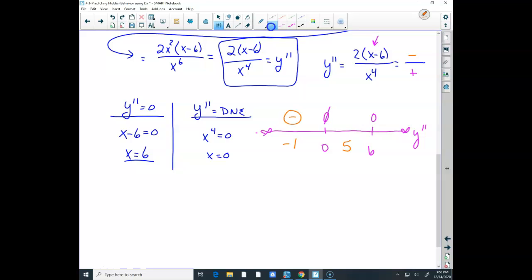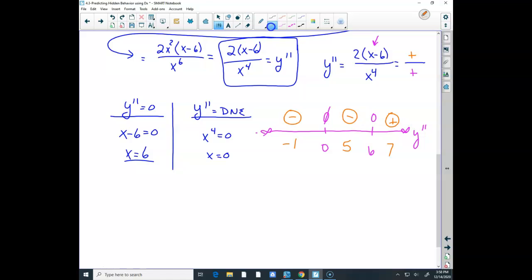It's still negative, meaning still concave down. But now when I pick anything bigger than 6, like 7, notice the denominator stayed positive, but now my numerator is 7 minus 6, so now it's positive 1 times 2. Now that's a positive number, so I am going to be concave up.